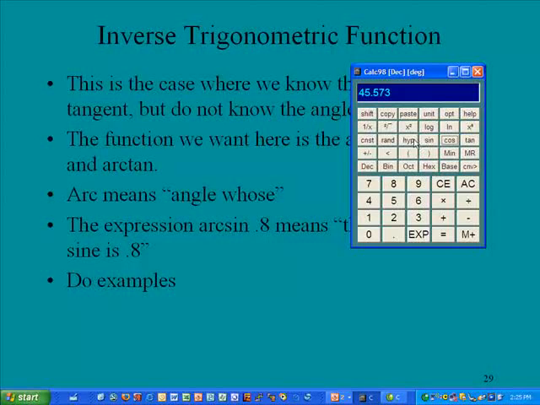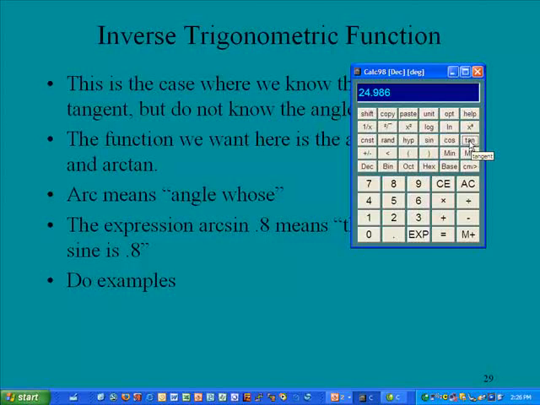Okay, the next one is the arccosine. The value we have is 0.633, and this is a negative value, and we want to get the arccosine, and the value is 129. The next one is the arctangent. We're going to be doing 0.466 and shift, and we want the arctan, and that value is 24.9.